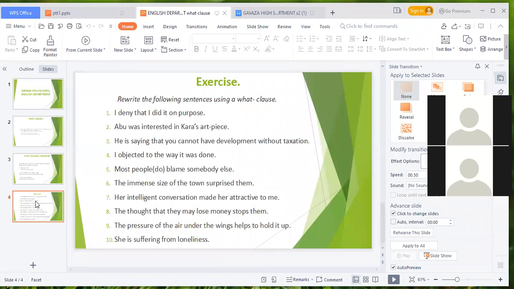Thanks. Number 6. The immense size of the town surprised them. Okay, we can have Mwesigwa Jemima. Mwesigwa, are you there?